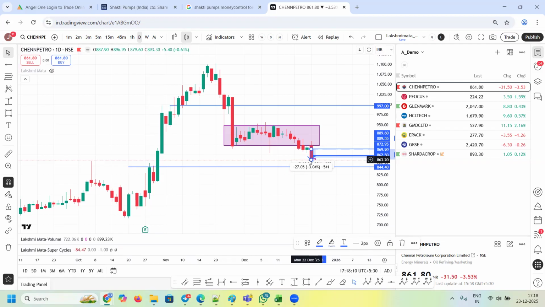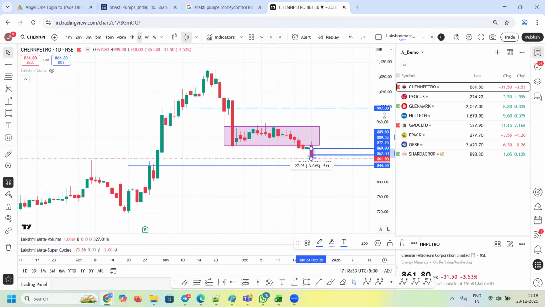Means that amount is considerable. If you are already entered, you should not wait beyond this point. Otherwise, you have to see all this downfall. So that fact we have to use for shorting. Clear?